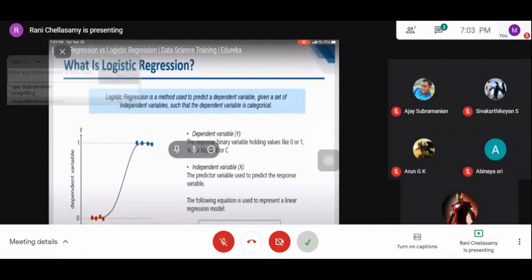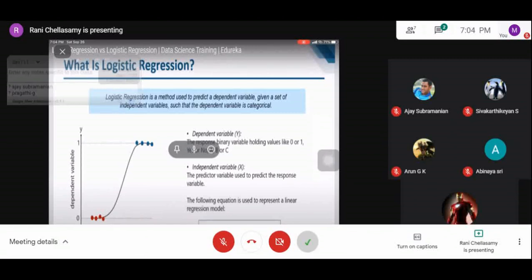It is a method to predict the dependent variable given a set of independent variables. The important point to note is that the dependent variable in logistic regression would always be categorical, whereas in linear regression the dependent variable is a continuous variable.